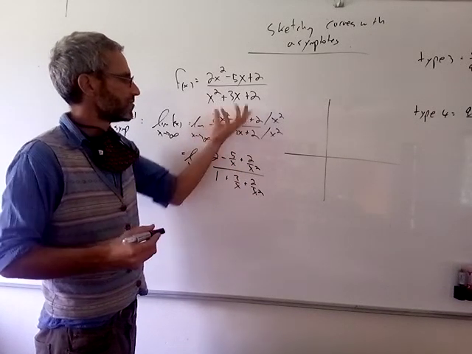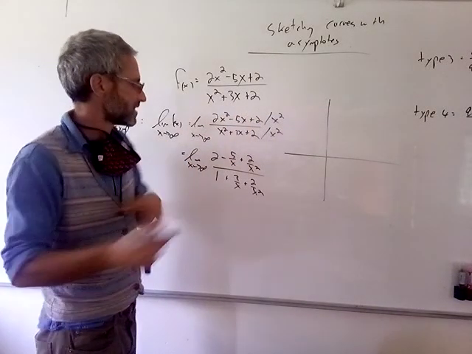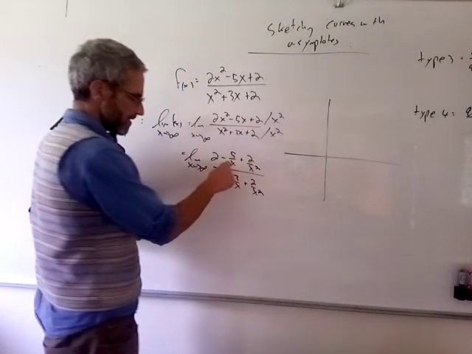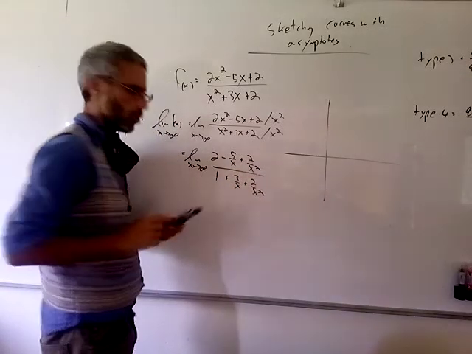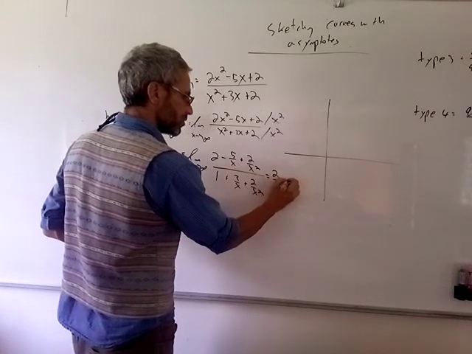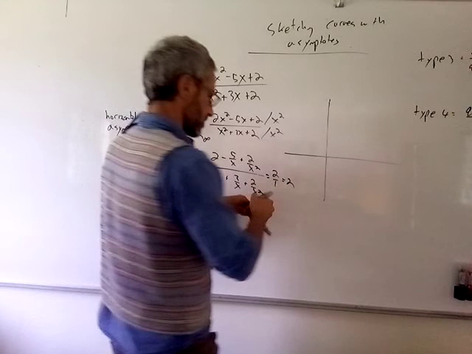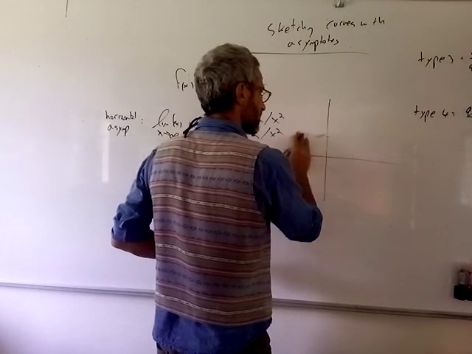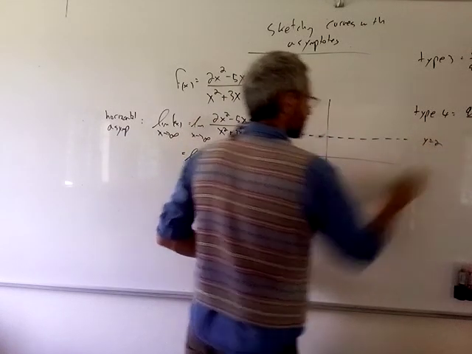Because I had a whole bunch of infinities divided by infinities, infinity squared plus infinities. Now by getting rid of this x squared, this term will be 0, this term will be 0, all of them 0, and the only thing I'm left with is 2 over 1, which is 2. So the horizontal asymptote is simply, let's not draw a solid line, y equals 2.